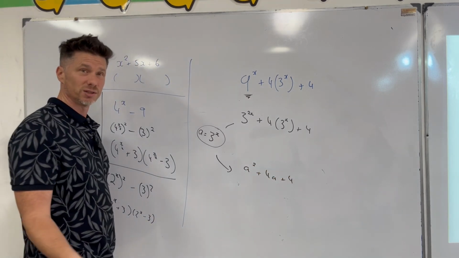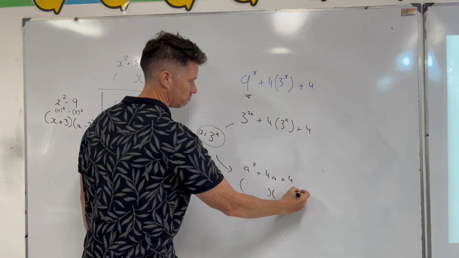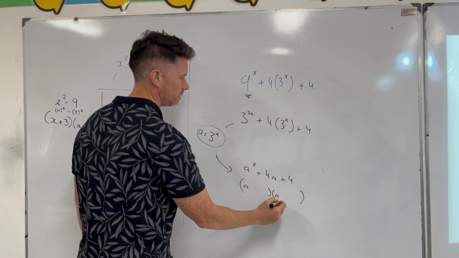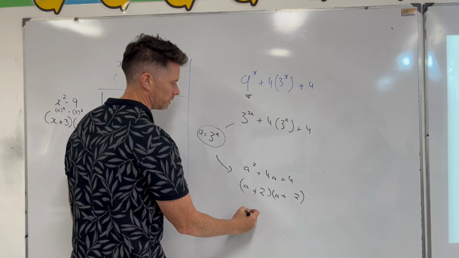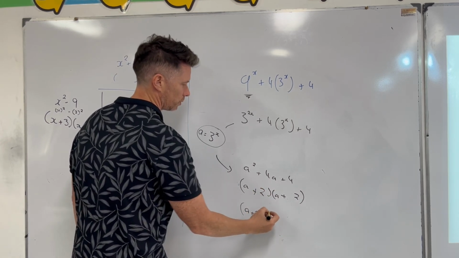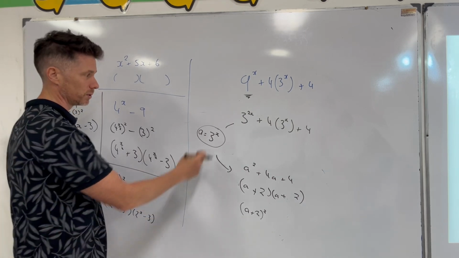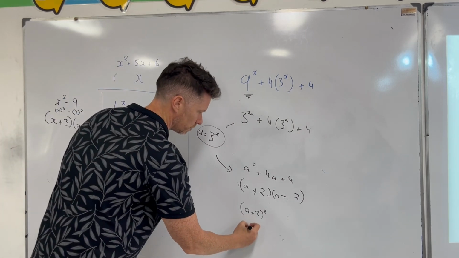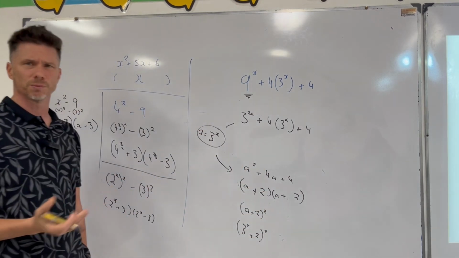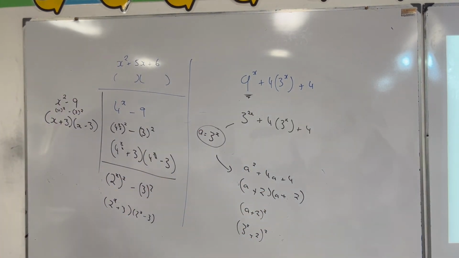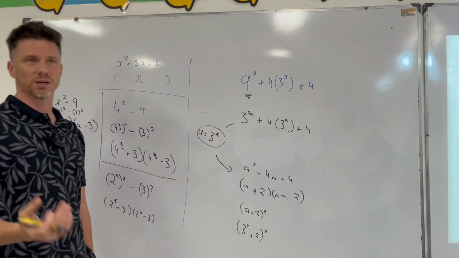This might look easier to factorize. You have a times a, 2 times 2, plus times plus. That's a plus 2 squared. But of course, you weren't dealing with a, you were dealing with 3 to the power of x. So I can put in 3 to the power of x plus 2, squared, which you might have seen already. But with some of the more complicated quadratics, it's nice to swap out the variables for something easier.